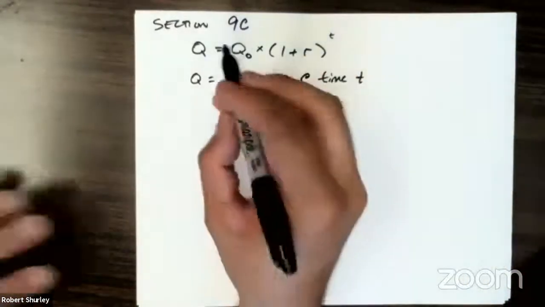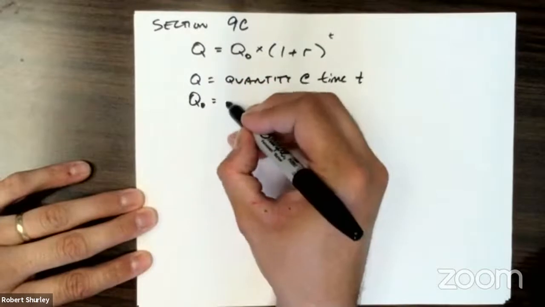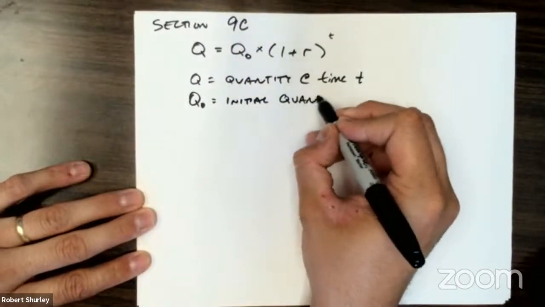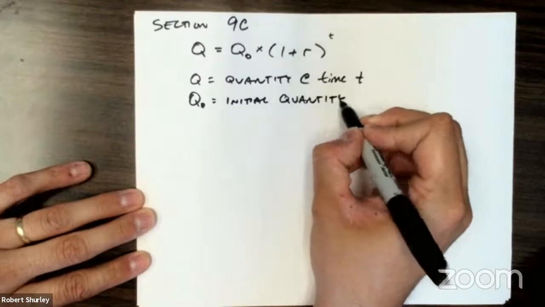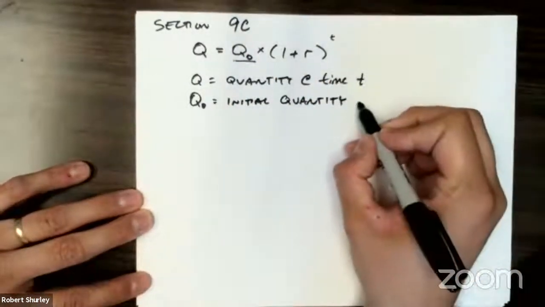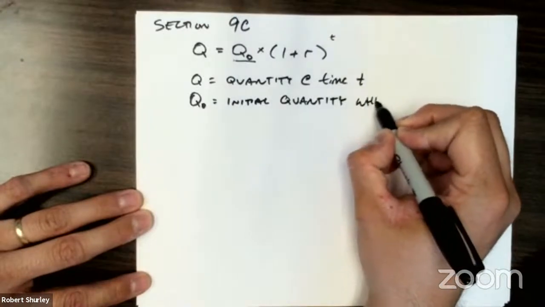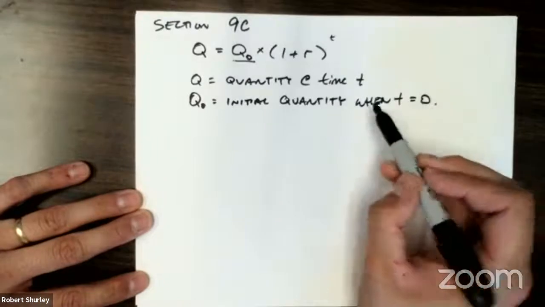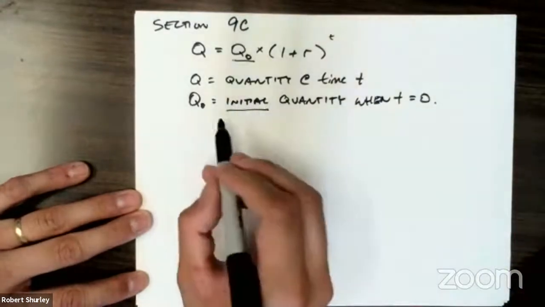Q naught is the initial quantity. We start with an amount, and that goes there. Your book says it's when time equals 0, which makes sense. When time equals 0, that would be your initial quantity.